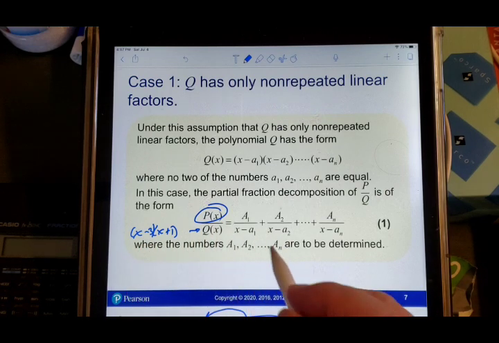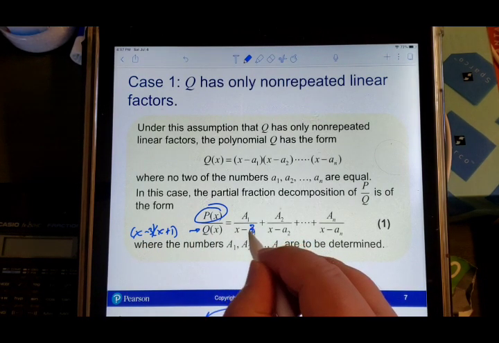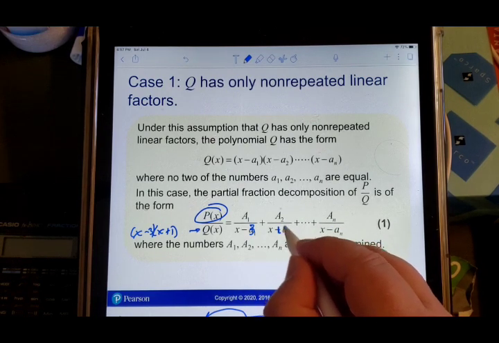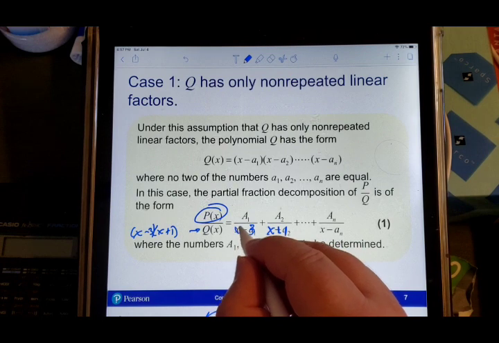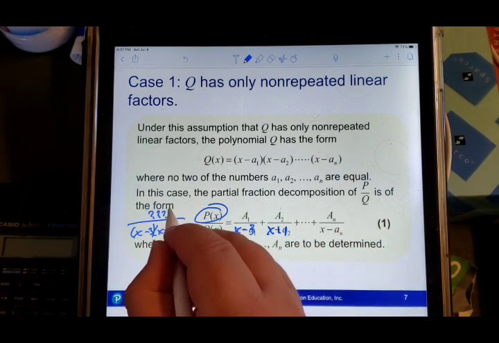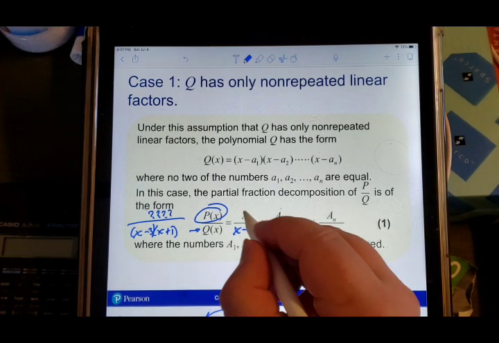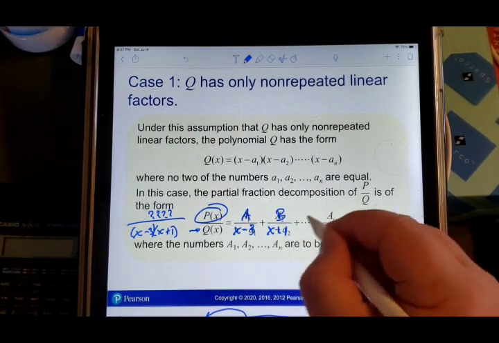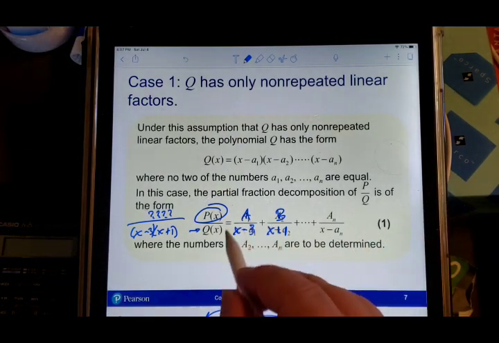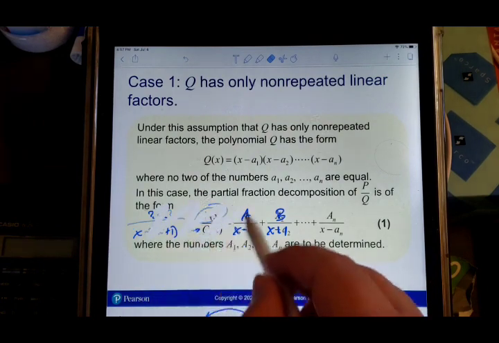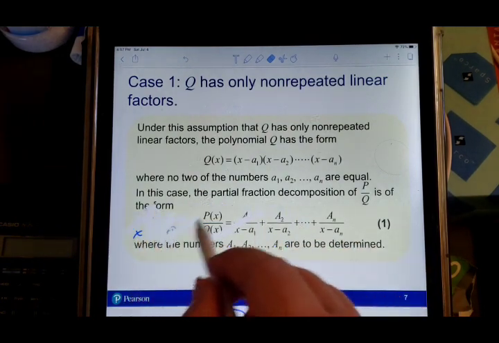That means we can write it as (x minus 3)(x plus 1). I'll put question marks up there, it doesn't matter what's up there. And I'm just going to say A plus B, and if there was another one, C. So I know I'm writing on top of my rule here, but the rule gets pretty messy when you look at it with all the subscripts and everything.